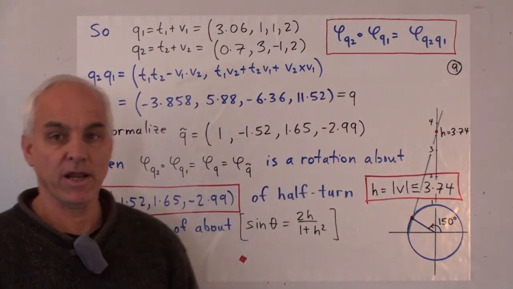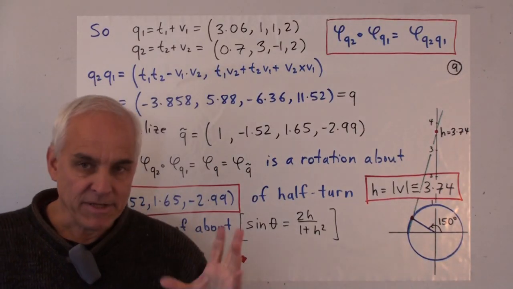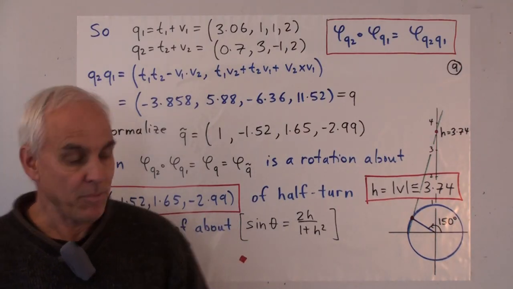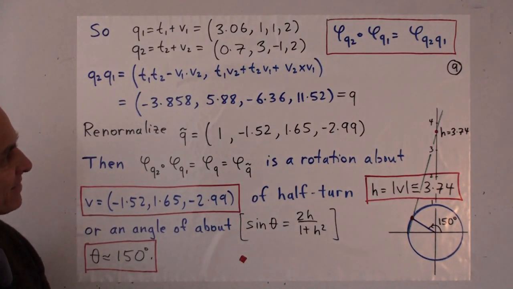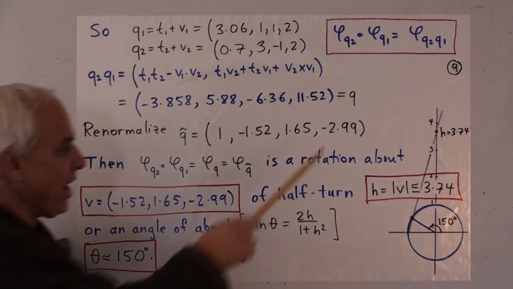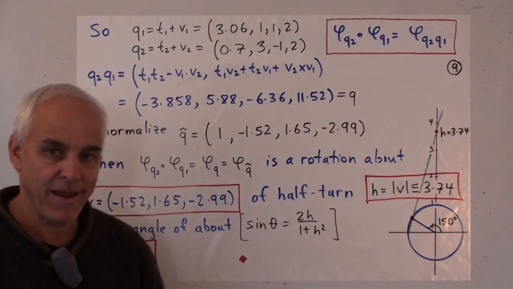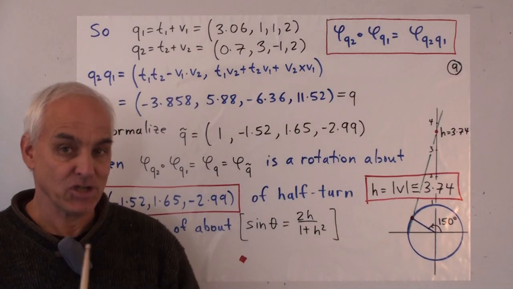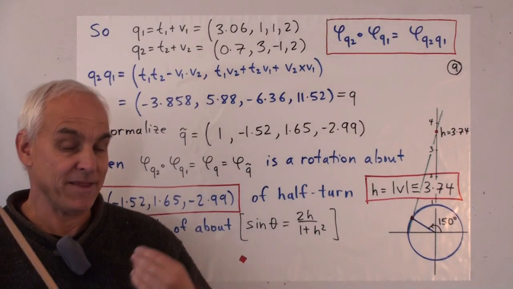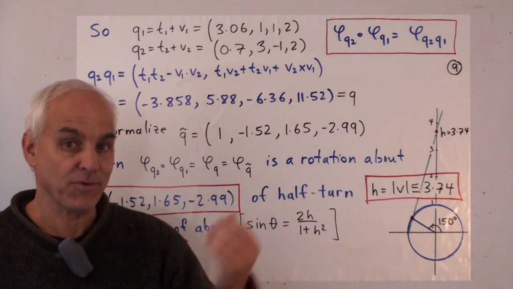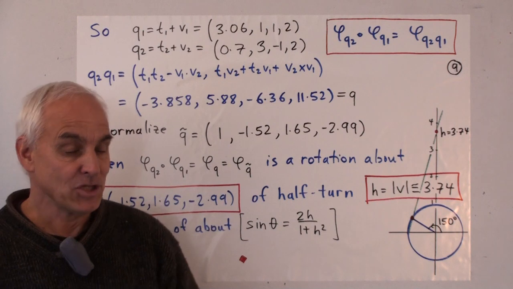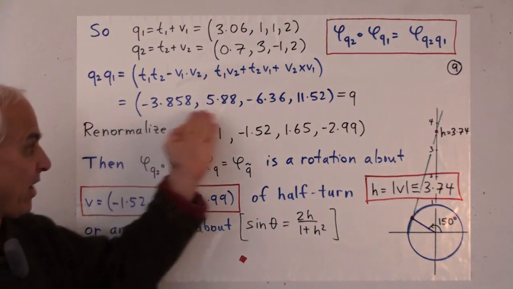And that's the quaternion that represents the composite rotation. Now the beauty of this approach is that if we multiply the quaternion by a scalar, the rotation associated doesn't change. It's only really the line going through Q that determines the rotation. So we can, if we feel like it, scale this down.